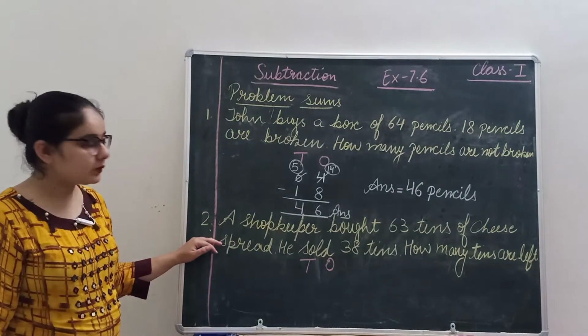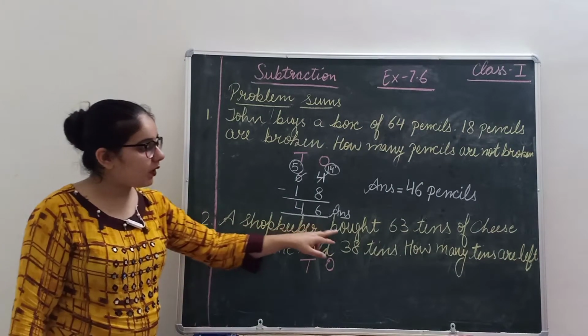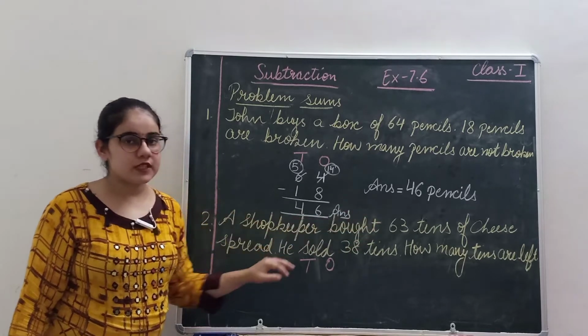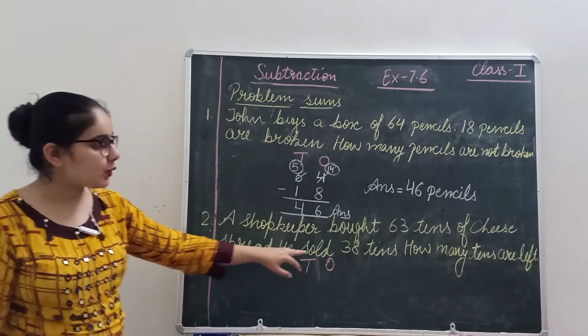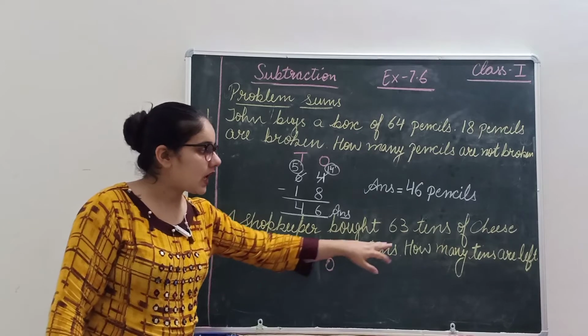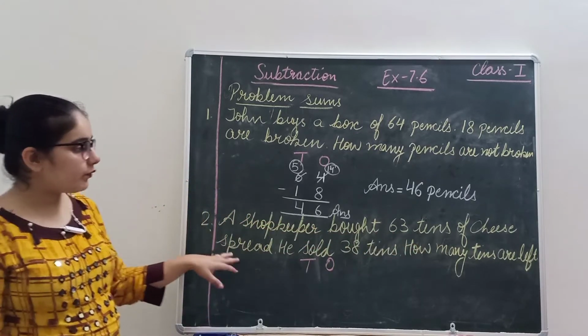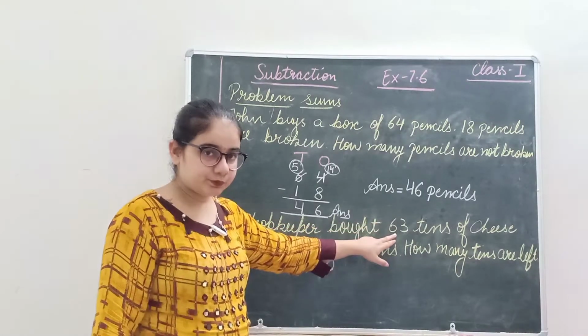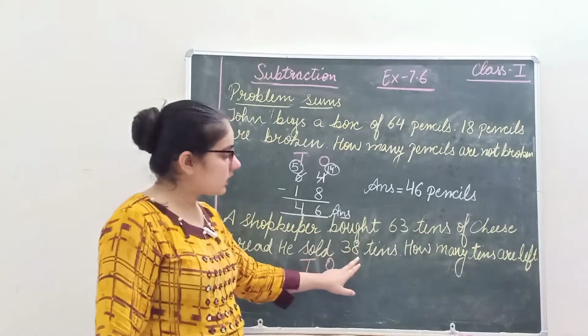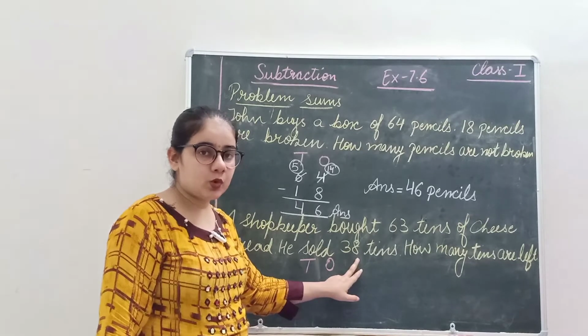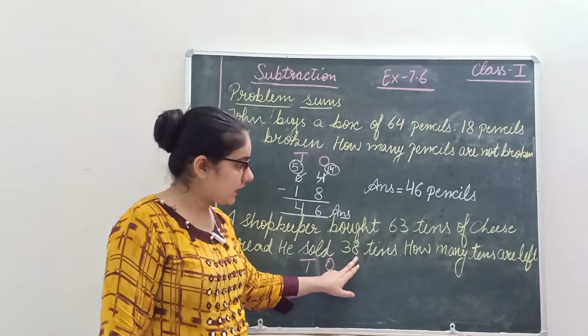Question number 2. A shopkeeper bought 63 tins of cheese spread. He sold 38 tins. How many tins are left? That means we have total number and then how many units are sold, that are given 38.